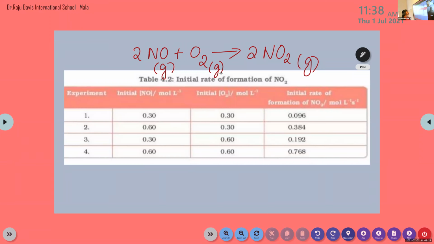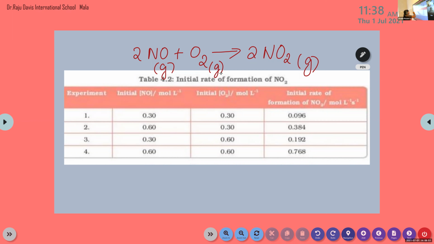Which are the reactants here? Vidur, which are the reactants in this chemical reaction? NO and O2, right? Then we are going to change the concentration of these reactants. We can change the concentration of both reactants, or keep one constant and change the other. Clear?